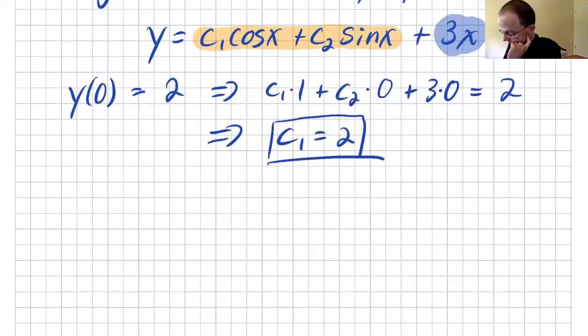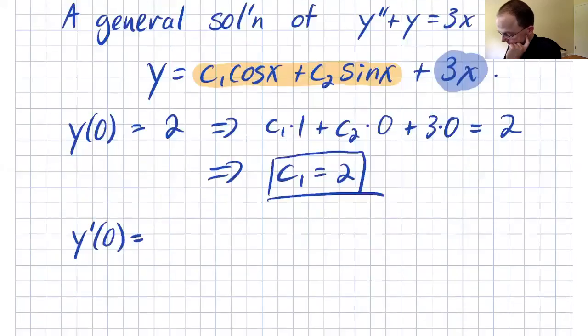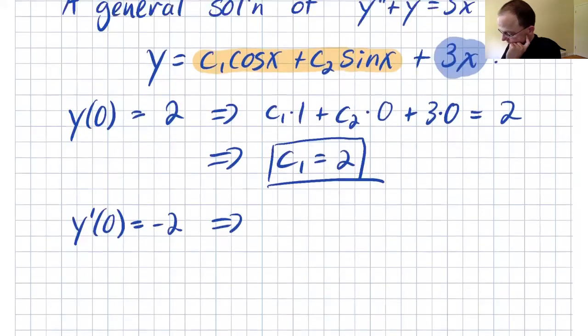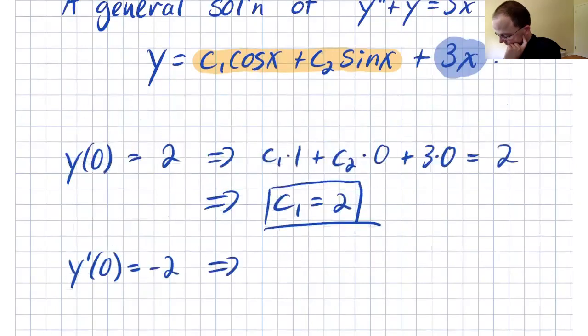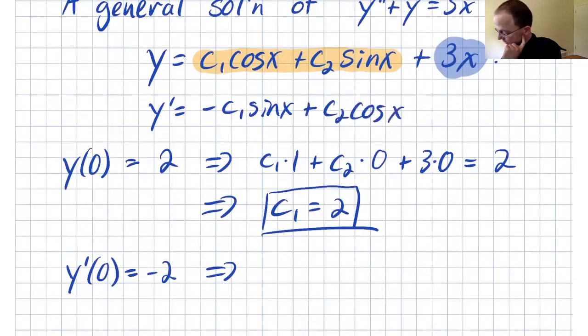Okay, and now y prime of 0 is equal to minus 2. Oh, let's take the derivative of this before we do that, just to be a little bit better organized. So y prime is equal to negative c1 sine x plus c2 cosine x plus 3.